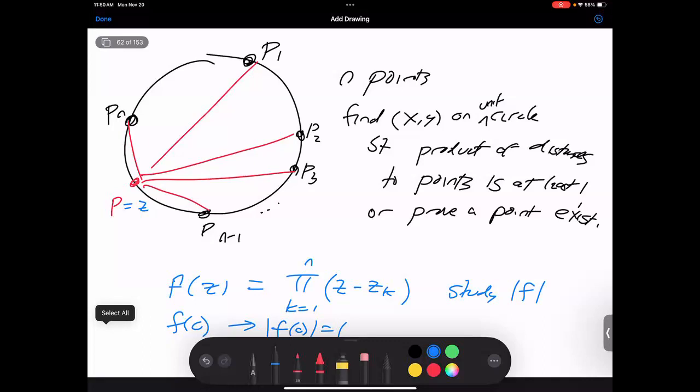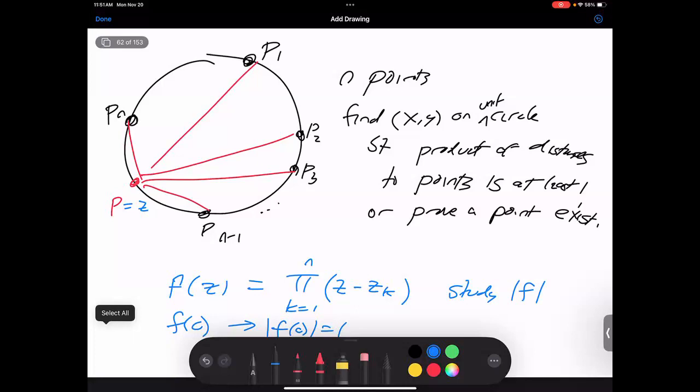But we know that if I evaluate the function at the origin, the product of all the distances is 1. It achieves the maximum on the boundary. In fact, we can prove something even stronger: there's a point on the boundary where the product of the distances is at least 1, because we can't make the product smaller than 1 on the boundary.